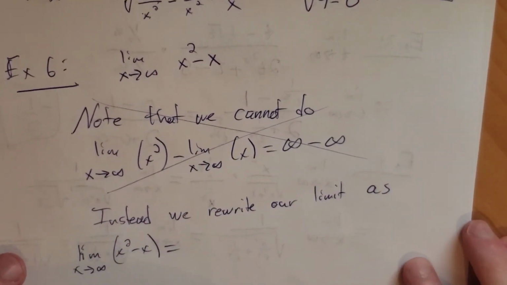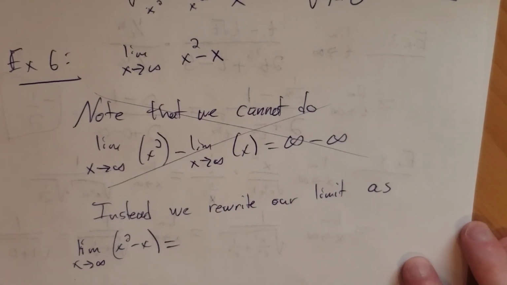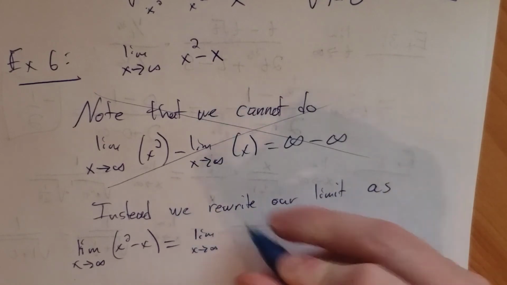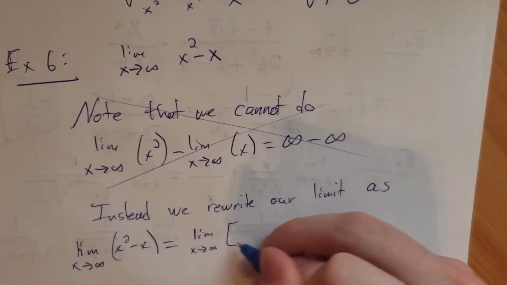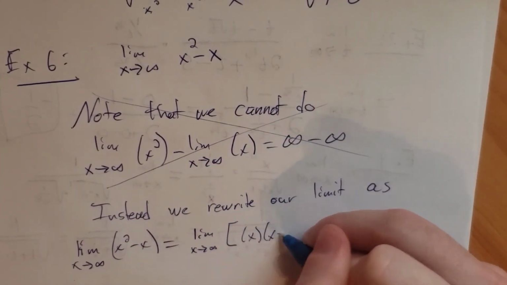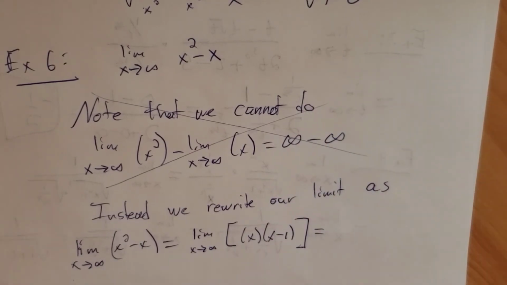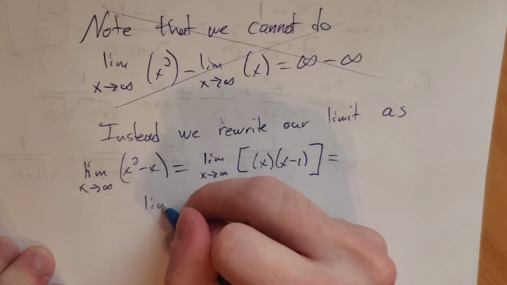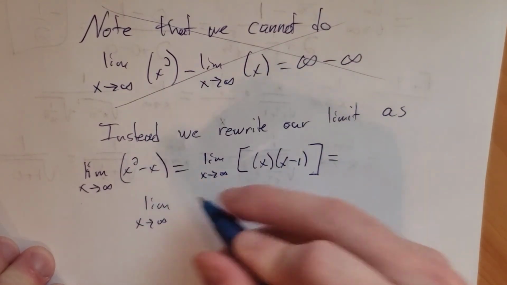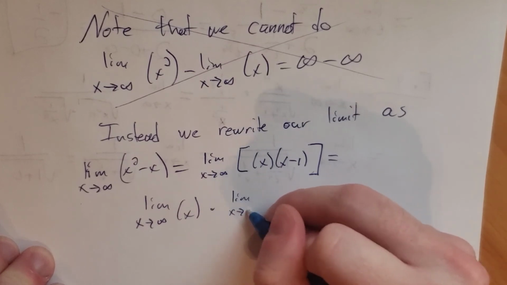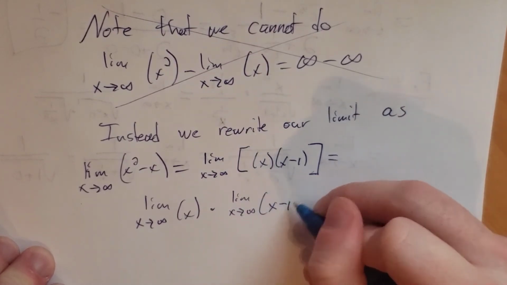This is equal to the limit as x goes to infinity of, well, we can factor this. That is x times x minus 1. Well, what is that? That is the limit as x goes to infinity of x times the limit as x goes to infinity of x minus 1.